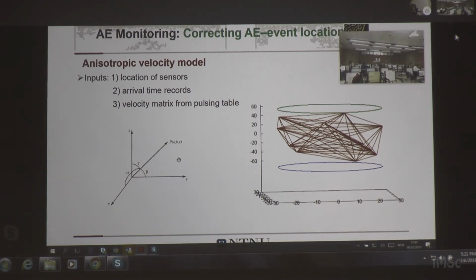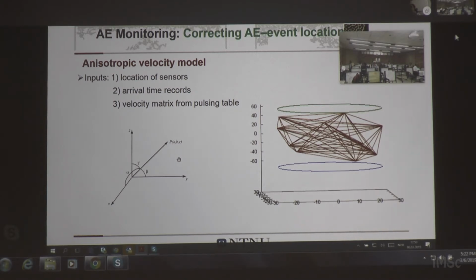Our inputs are the location of sensors, the arrival time records, and the third thing, the velocity matrix from the pulsing table. If you don't know what a pulsing table is, these acoustic transducers have a pulsing mode. Before the experiment, you can start this mode so that one transducer sends a signal and all the others receive that signal.